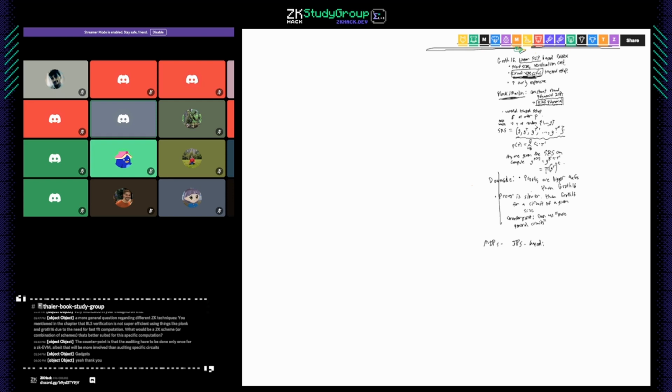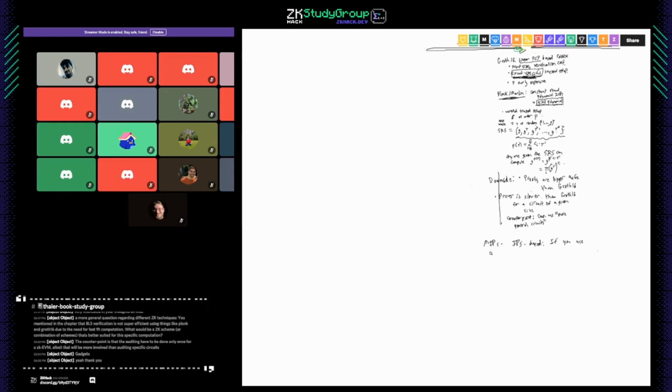At a high level, if you combine the MIP and the IP with the most prover efficient polynomial commitments, the big benefit here is you will get the fastest prover SNARK.